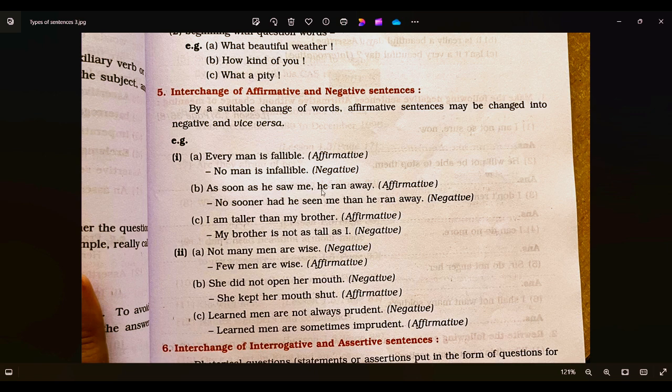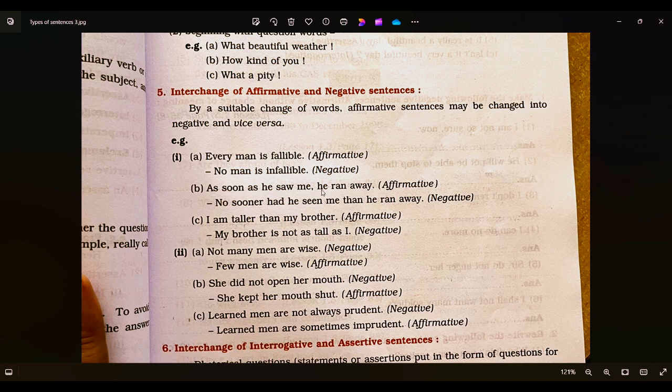For example, every man is fallible. You can see this is an affirmative, meaning positive, sentence. Because I want to make it negative, I have chosen the words no man. Instead of every man, I can take no man. But if I write the same word fallible, then the meaning will be in contrast. It will be the opposite meaning, right?